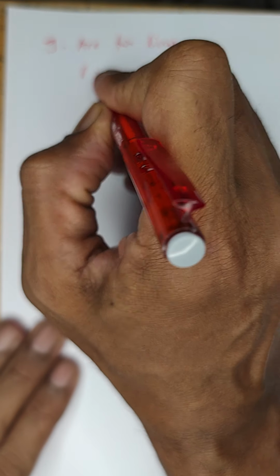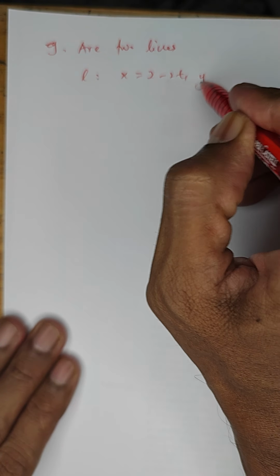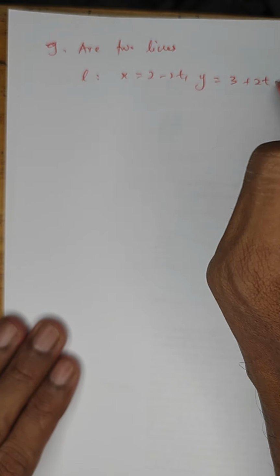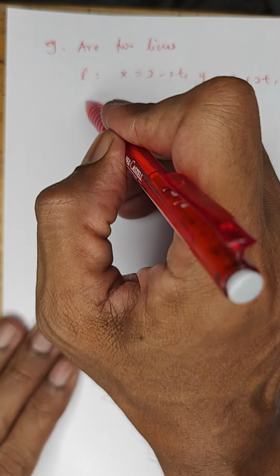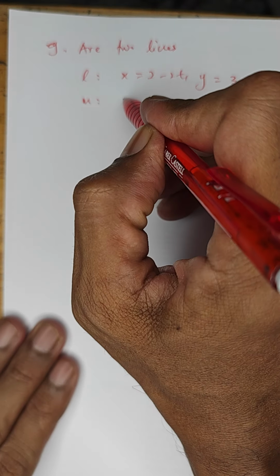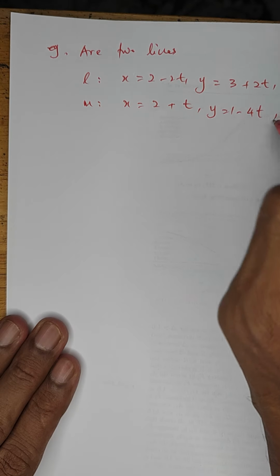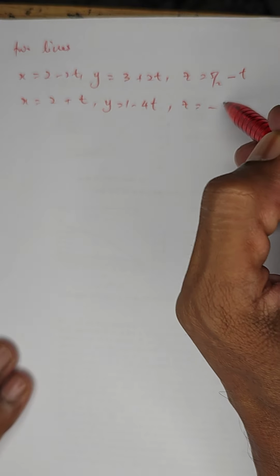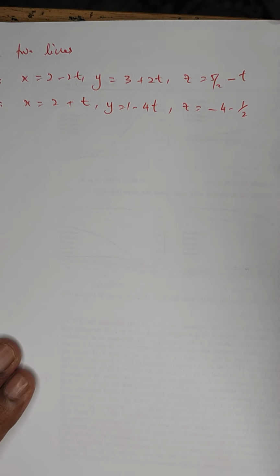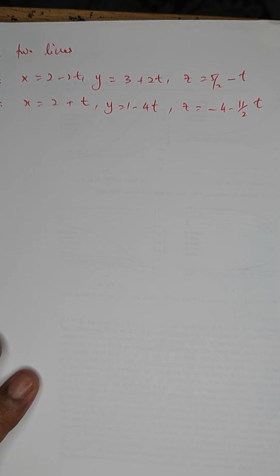Let's say L with x equal to 2 minus 2t, y equal to 3 plus 2t, and z equal to 5 over 2 minus t, and another line, let's say M, with x equal to 2 plus t, y equal to 1 minus 4t, and z equal to minus 4 minus 11 over 2 t.